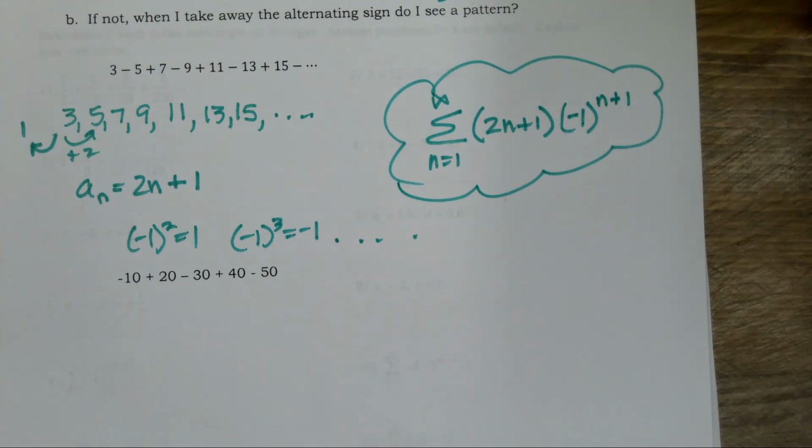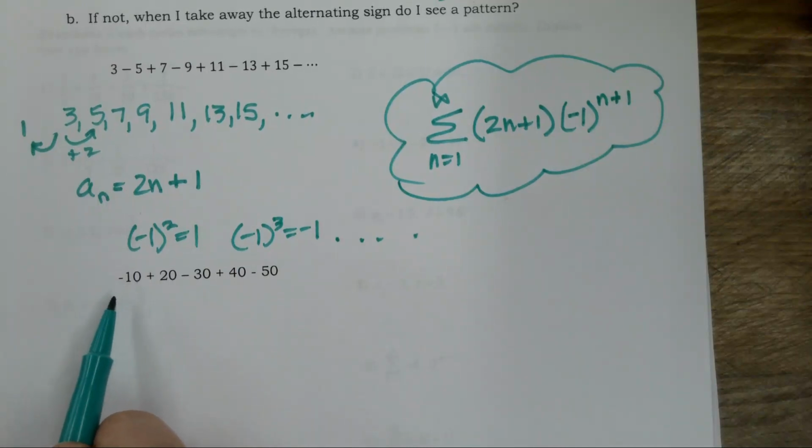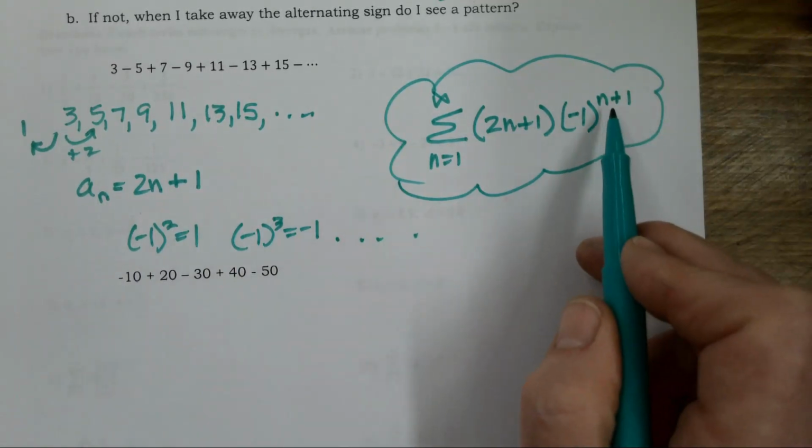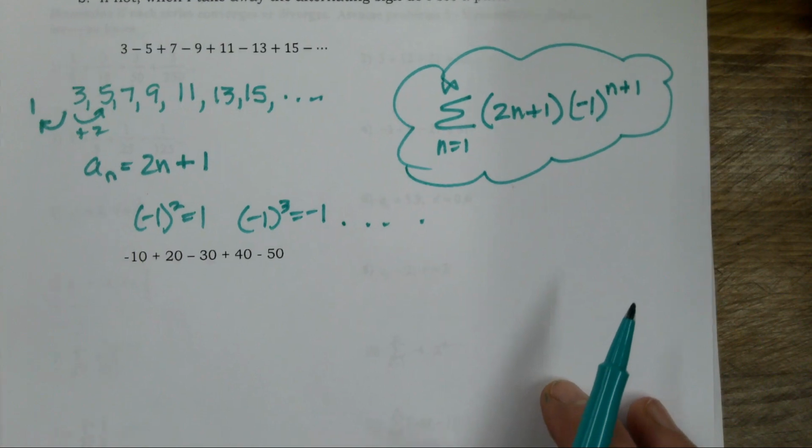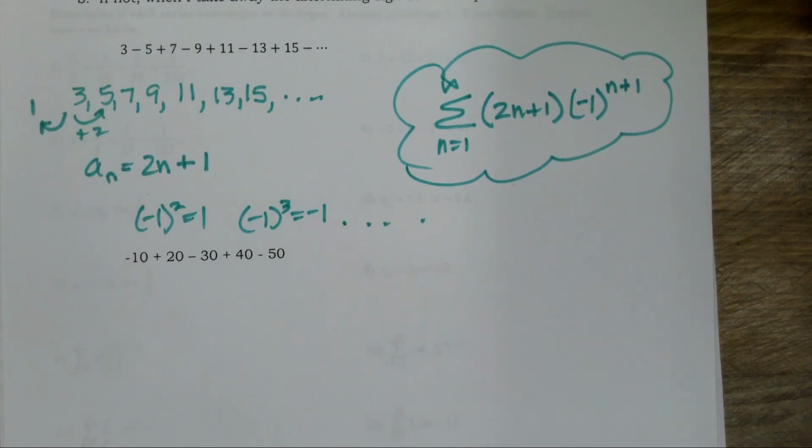If it starts with a negative, I'm going to go through it the same way. It's just that my power is going to change a little bit. Okay, so there's nothing fancy there. I just have to make sure whatever I choose to put as the power on the -1 is going to generate the sequence or the series appropriately or accurately.